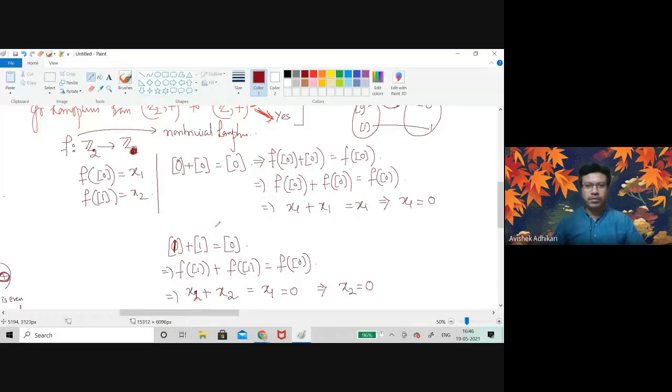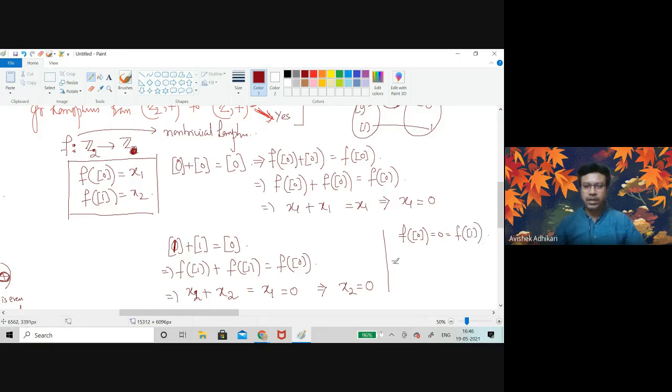So what we have proved formally is that whatever the function is, I haven't done anything special, so it's a completely general form. Suppose there exists a homomorphism from Z2 to Z. Then the 0 element will go somewhere and the 1 element will go somewhere. After a few steps, we found that whatever the case, f of 0 goes to 0 as well as f of 1 always goes to 0.